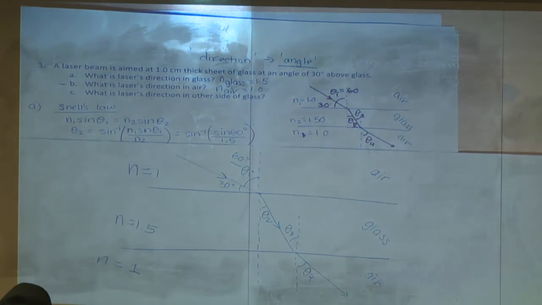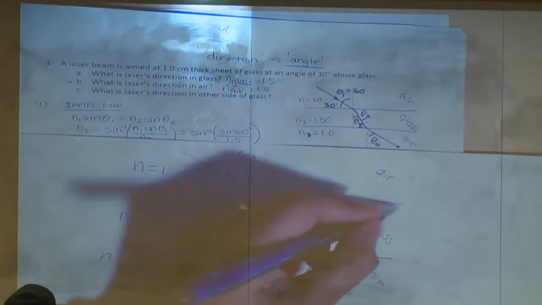Does that make sense? I guess what I want to know is whether there is any case where they would give us the angle that's already closer to the normal. Here it says the angle is 30 degrees above the glass. That's how you know it's the one closer to the glass, because this line right here is the glass surface.